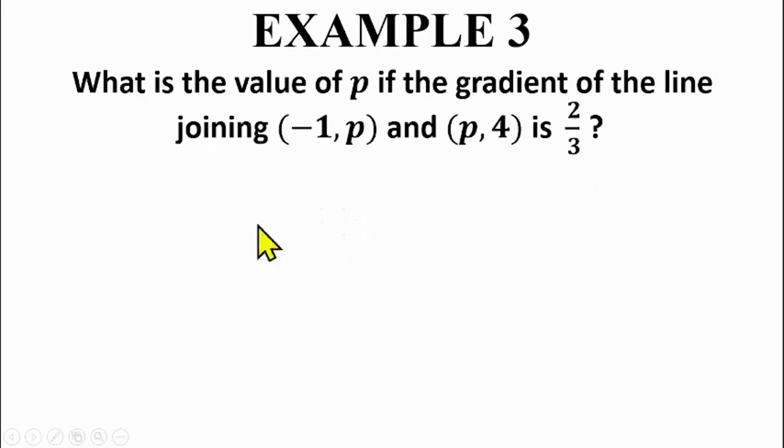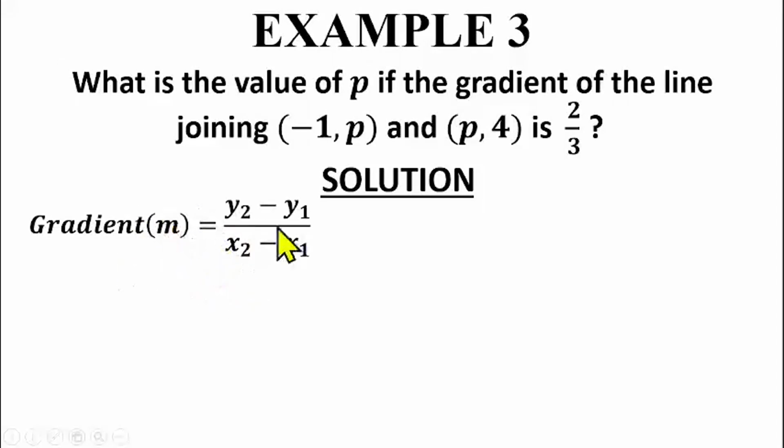So if you do that, gradient is change in y over change in x. From these 2 points that the line passes through, we know our y2 to be 4, our y1 to be p, our x2 is p, our x1 is -1, and we are given the value of the gradient of that straight line.